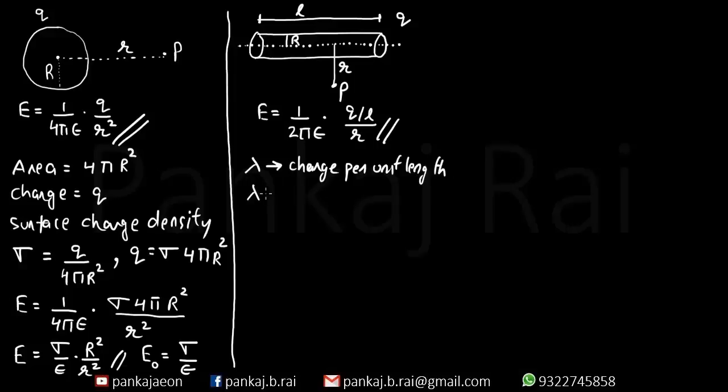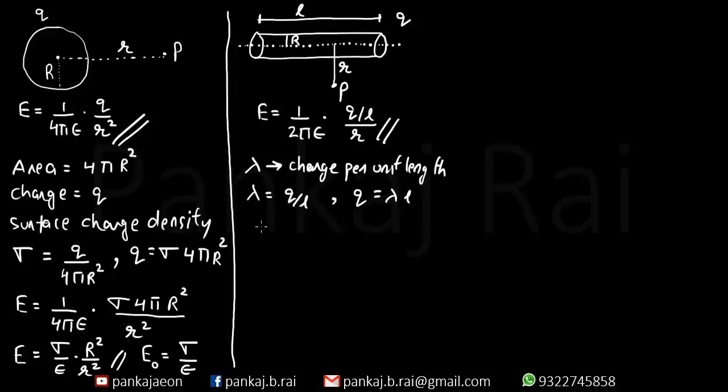So I can say that lambda is q by L, or I can also say that the charge is lambda L. Okay, so this formula can also be rewritten by replacing q by L with lambda, which is charge per unit length. Now let us move ahead and look at the other variants of the electric field intensity in case of a cylinder.